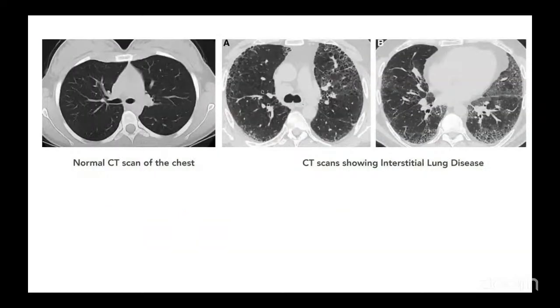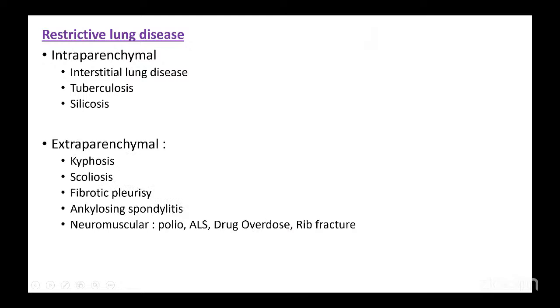Now, there's another thing that I want you to see. Take a look at this normal CT scan. On the right side is a CT scan of a particular lesion called interstitial lung disease, where massive fibrosis is happening all around. This is a type of restrictive lung disease. Restrictive lung disease can be of two types. Either it can affect the parenchyma, like interstitial lung disease, or tuberculosis, silicosis, and so on.